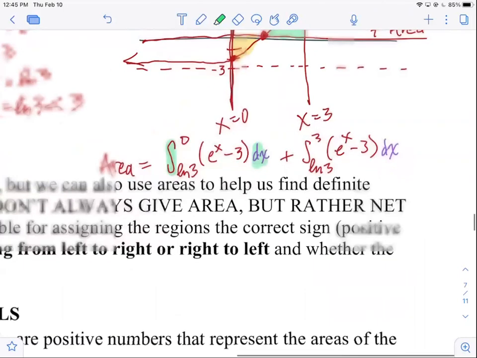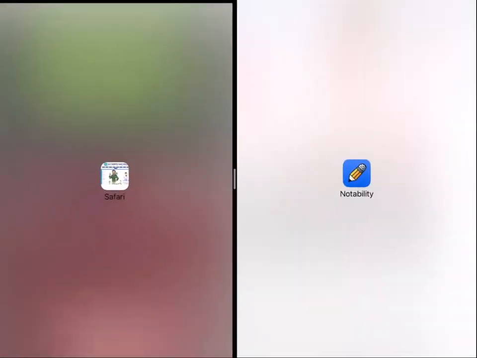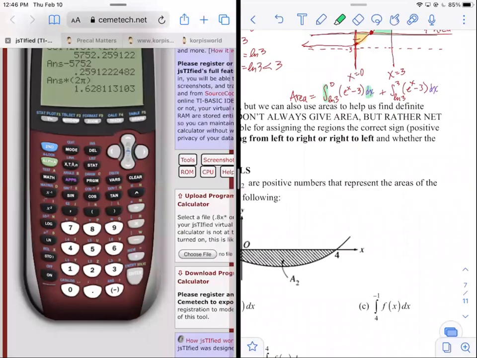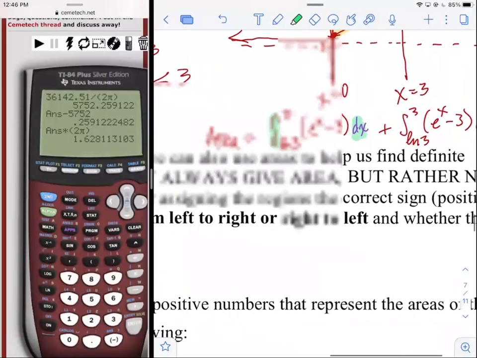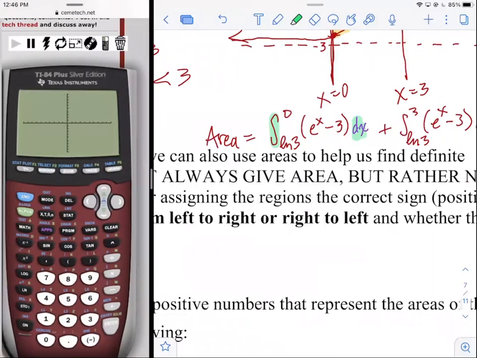Okay. Let's go ahead and type that into the calculator. I hope we're going to get a number. Now, here's what we could do. If this were a calculator problem, we could certainly do what we just did. There's nothing against that.